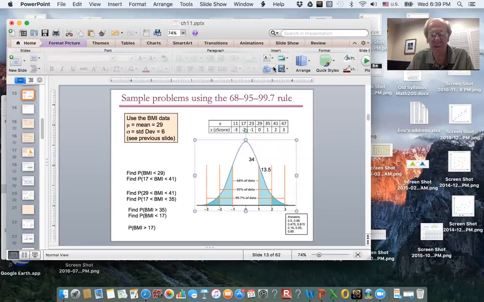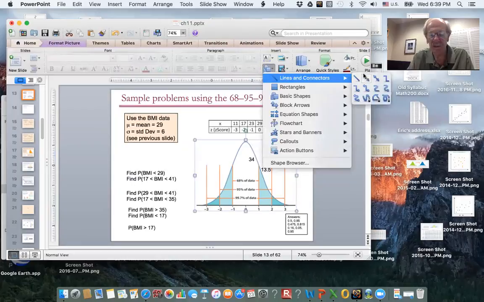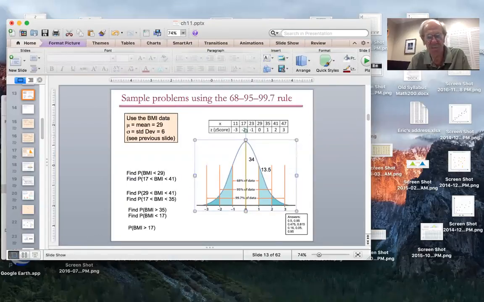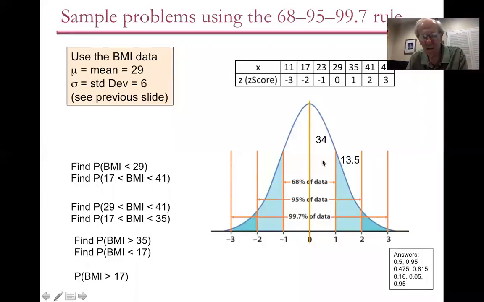And I'll put this other line in here just for now. So now I can go back. So I've got 34% between these two. I've got 34% between these two.